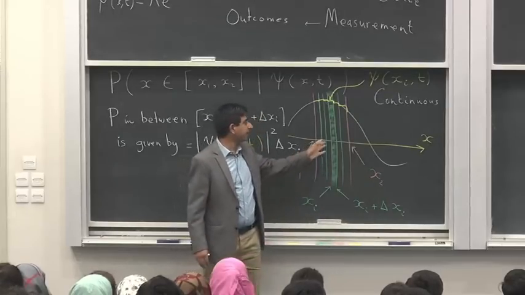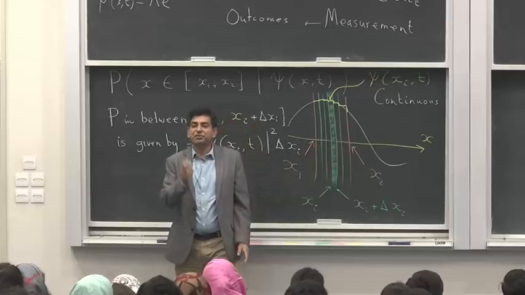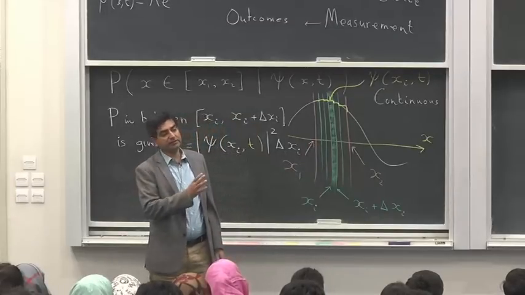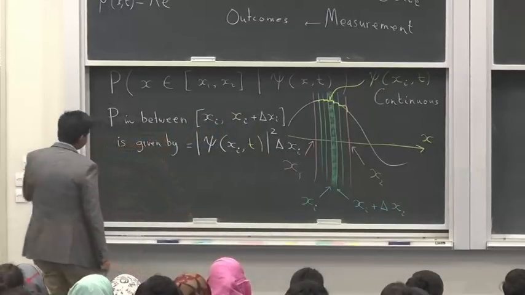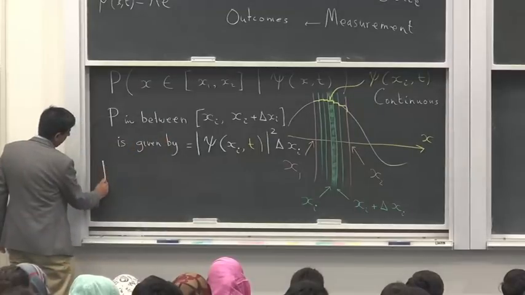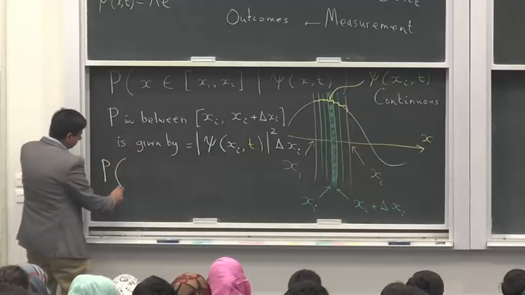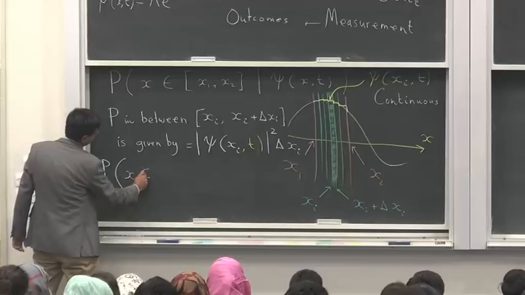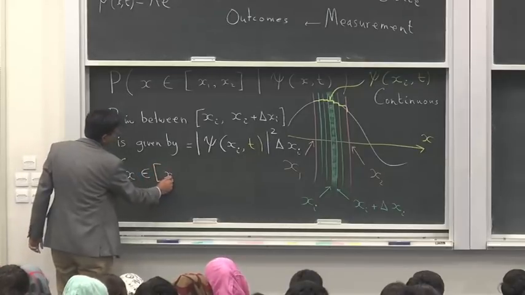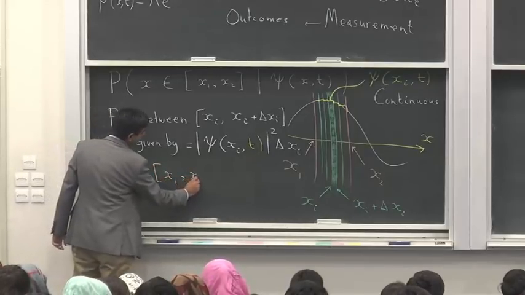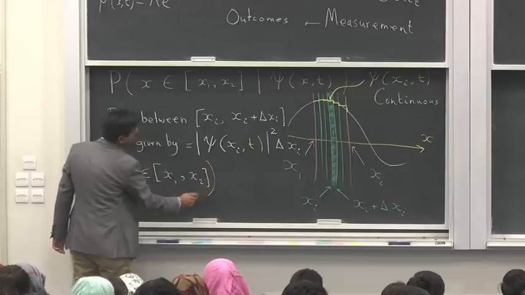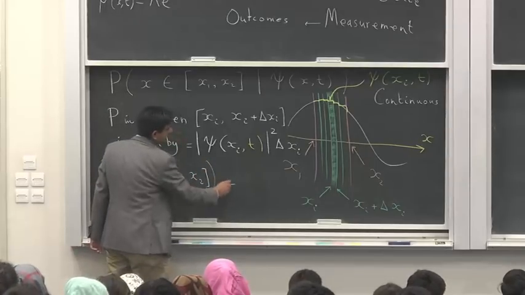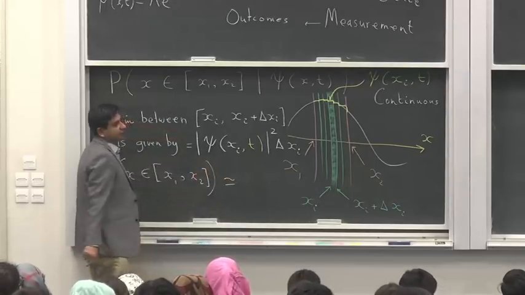I have subdivided this range into a large number of small intervals. So the probability of locating my particle in this entire range is going to be approximately equal.